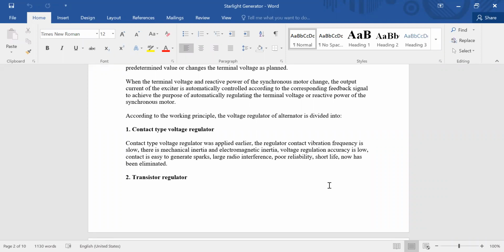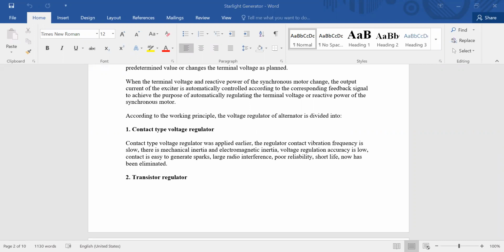Then, according to the working principle, we have already discussed the contact type voltage regulator, the resistor regulator, then ICs. These are the things we have to study.